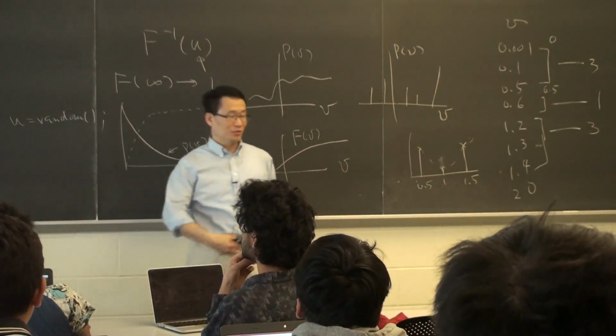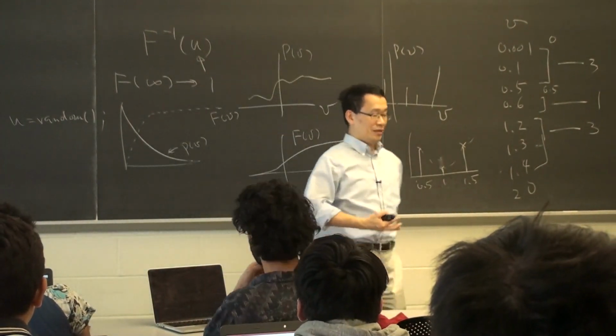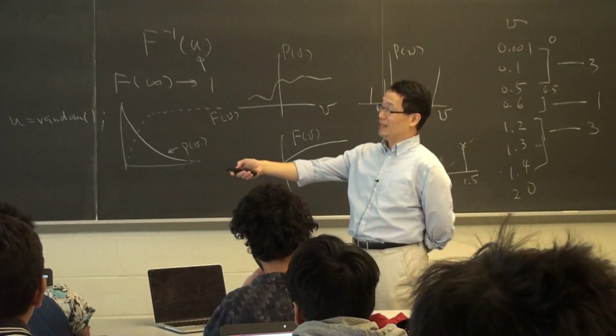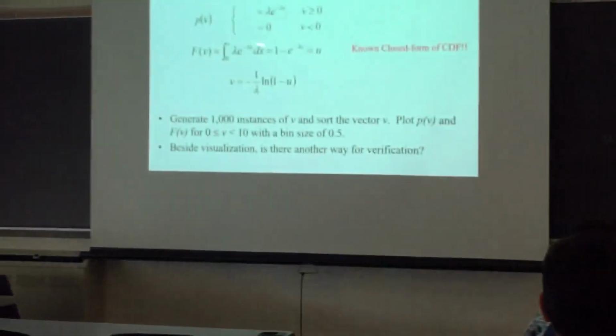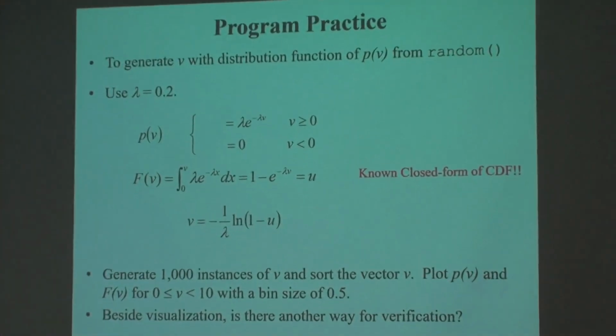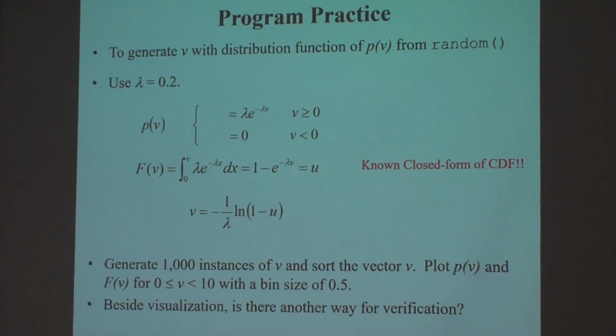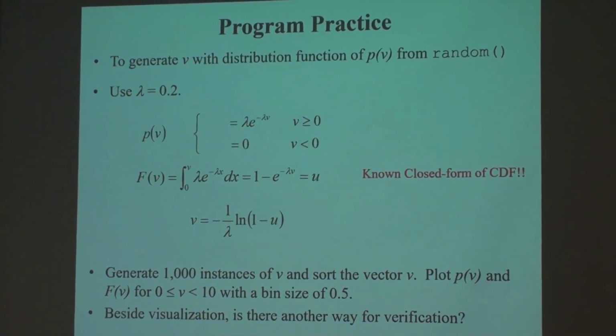Your routine, your module for generating a random variable of any given distribution function. You would like to verify that what you implement is correct. What can you do?